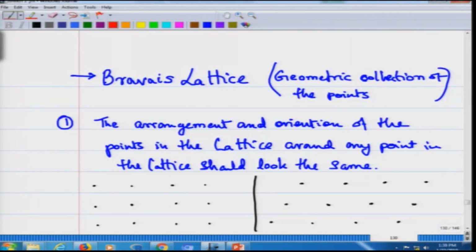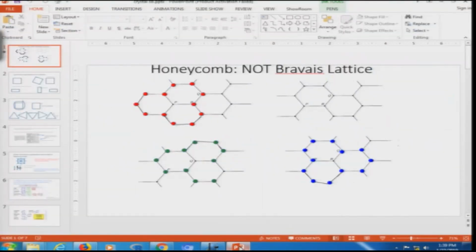So, these are examples of Bravais lattice in 2 dimensions. If you go to 3 dimensions, there are other examples also. And one other example which I showed you, which looks like a Bravais lattice but is actually not, is the honeycomb lattice, where you have these vertices at the corners of a hexagon.